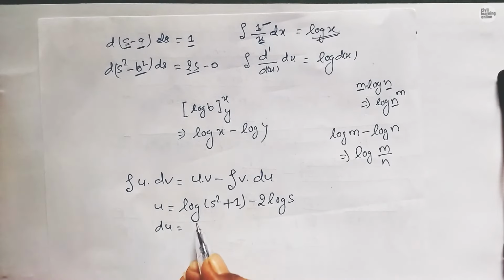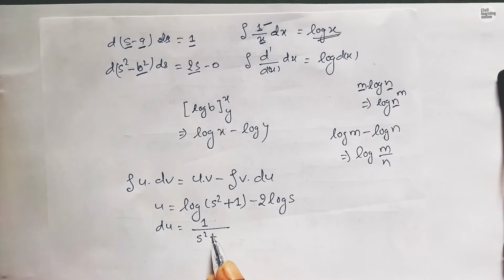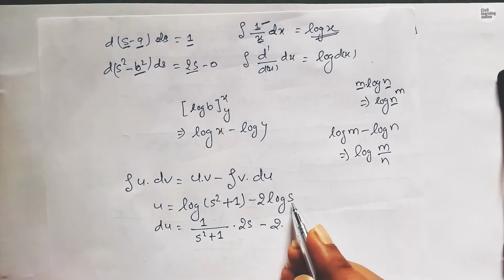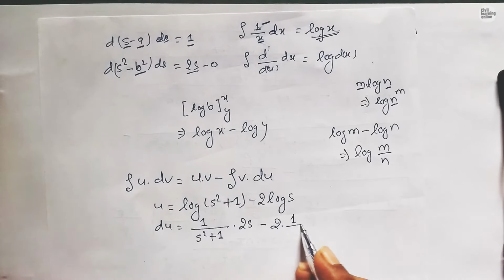So du will be the derivative of log (s square plus 1), which is 1 upon s square plus 1 times 2s, minus 2 times the derivative of log s with respect to s, which is 1 upon s.